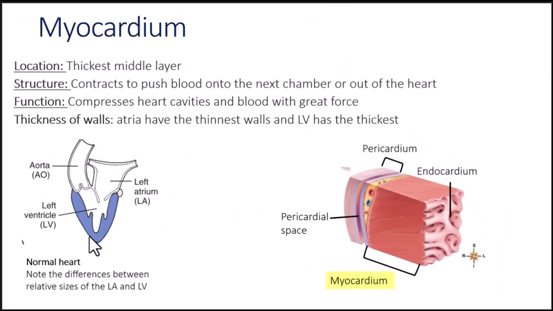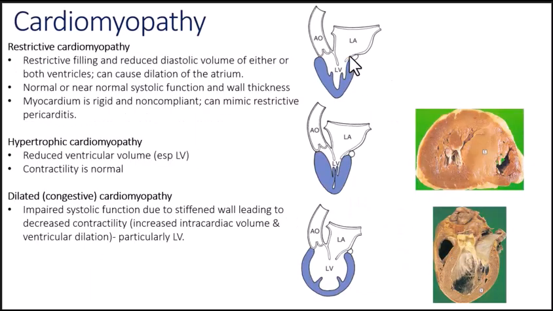So this is a widened area here. Let's compare that to normal. If you look here compared to here, it's dilated. So the diastolic function seems to be affected with restrictive cardiomyopathy, but not necessarily the systolic or the contraction function of the heart. The wall thickness is the same. It can still contract, so those myocytes are still functioning relatively properly.